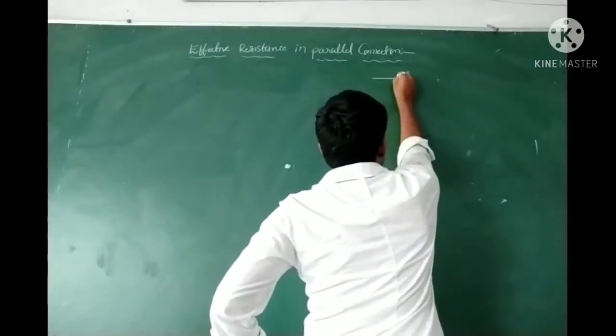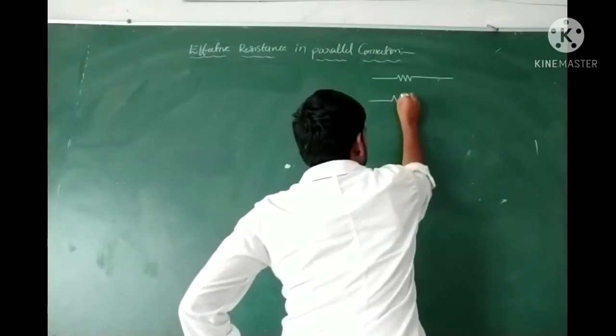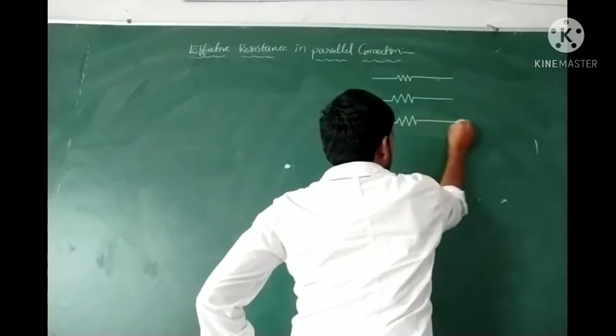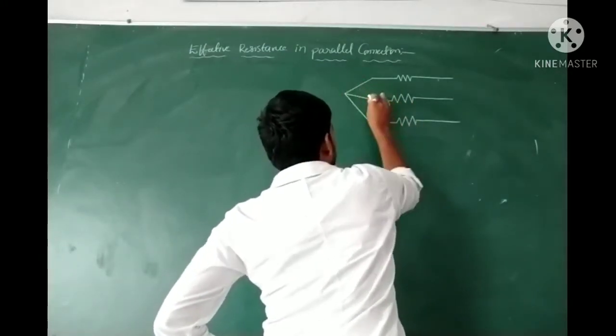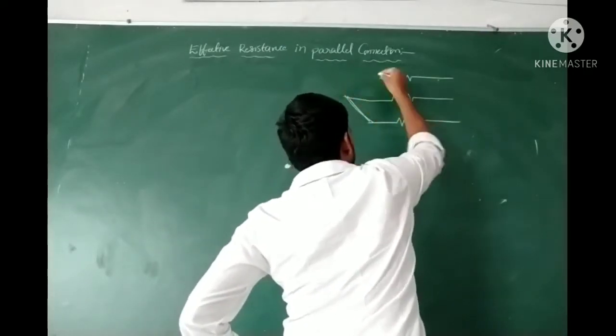If there are two or more resistors whose similar terminals are connected at one point, then what is the effective resistance? Let us say these are all connected at one junction.